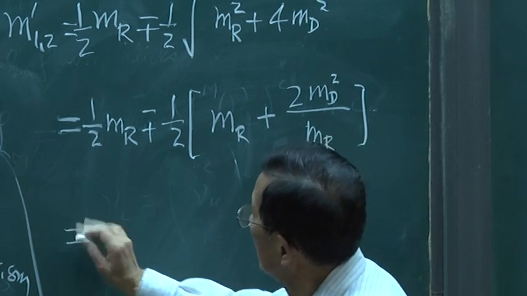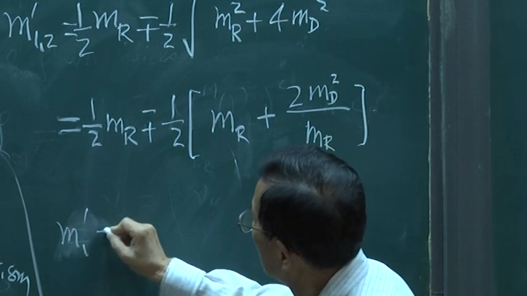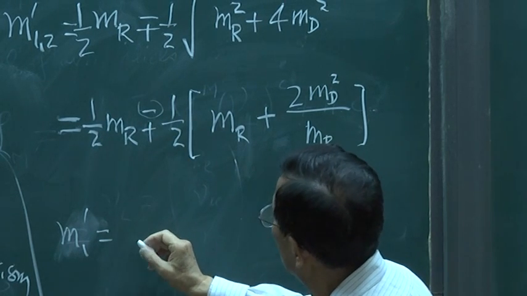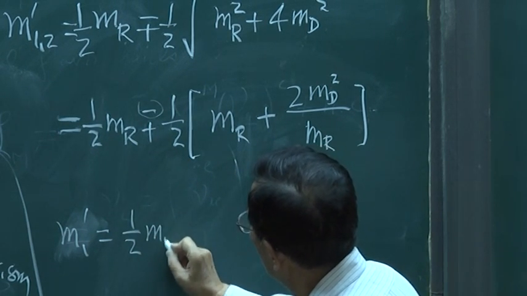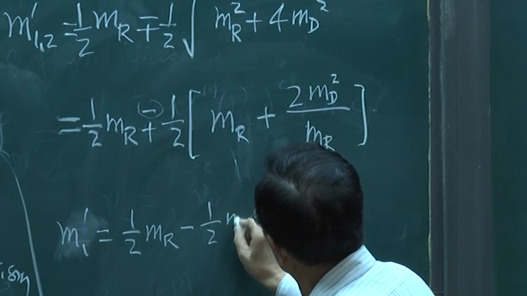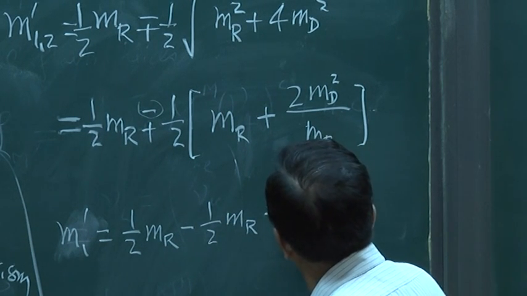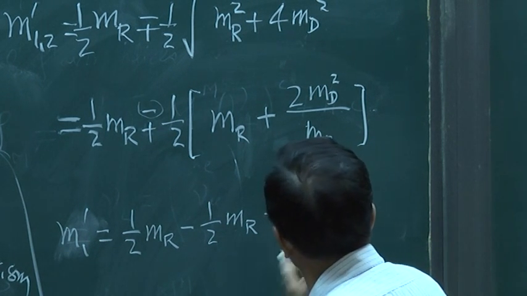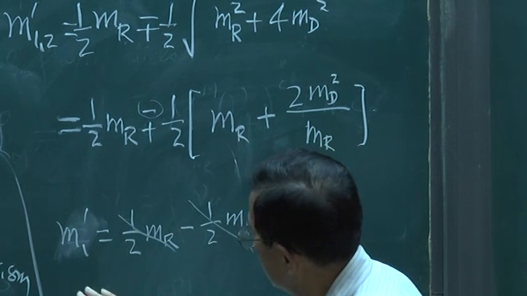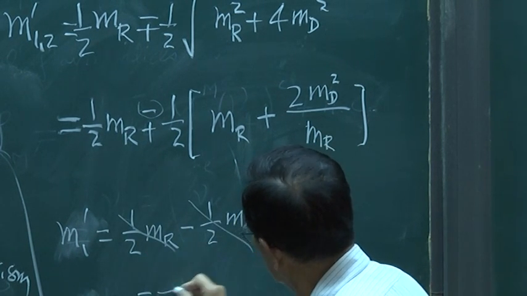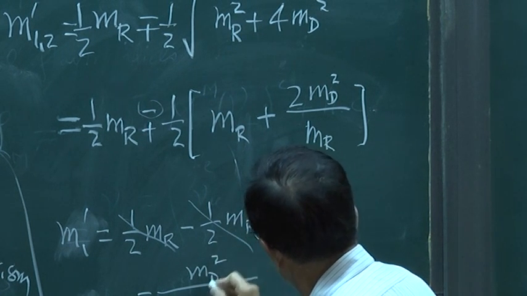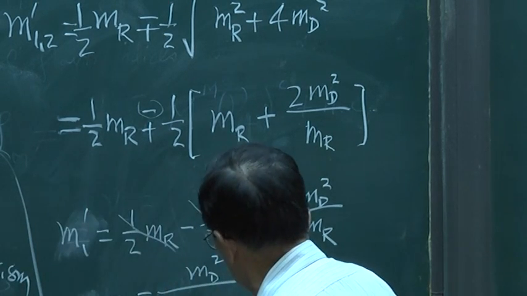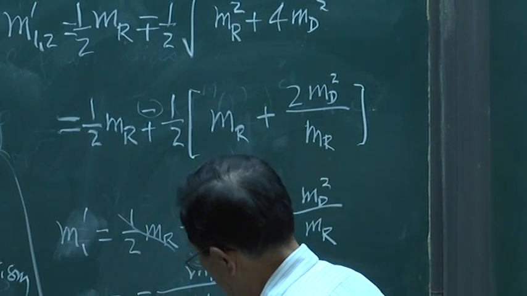So the first one, M1 prime will be equal to taking this line, 1 half MR minus 1 half MR minus MD squared divided by MR. The leading term cancels, so this is equal to minus MD squared over big MR. Right?